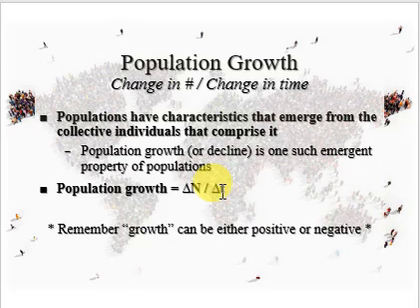So when you're determining population size or the overall growth rate, it's merely a function of delta N divided by delta T. This triangle is the Greek symbol delta, which means change. So in general, this equation is used to measure growth. And it's a way to determine population changes over a specified time span. That can be a year, decade, etc.